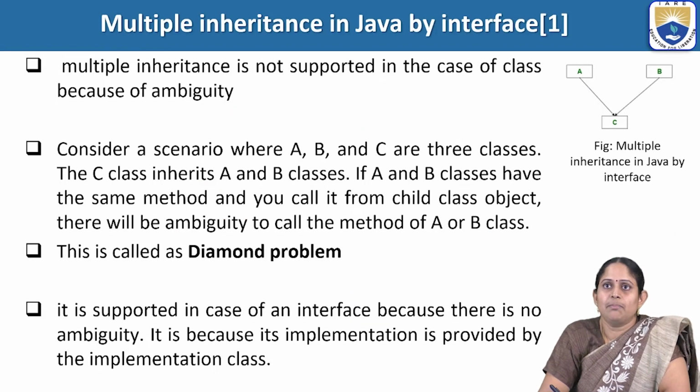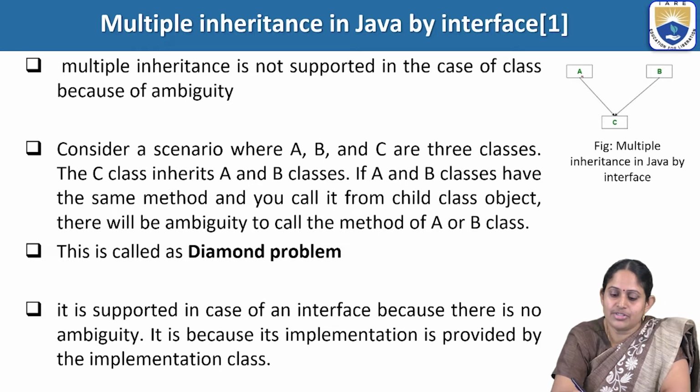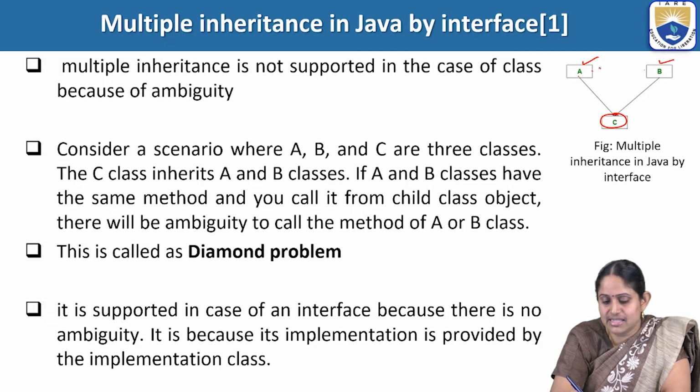Next, let's look into multiple inheritance in Java. As we have seen before, multiple inheritance cannot be achieved using classes. The problem is this: let's say we have two classes A and B, and a new class C inherits both class A and class B. Let's assume class A has a method named print.